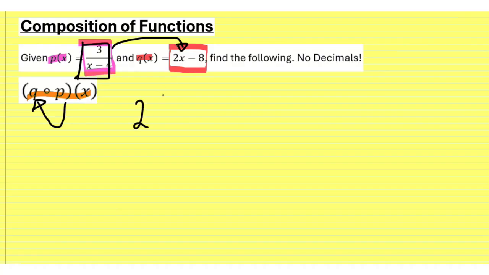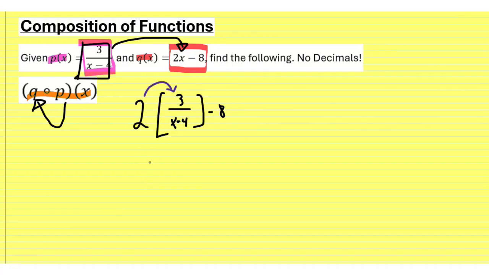So I'm going to put 2, and then my big old rational function is going to go in here, 3 over x minus 4. And then there's a minus 8. So now to simplify this, I'm going to distribute the 2 into the parentheses.